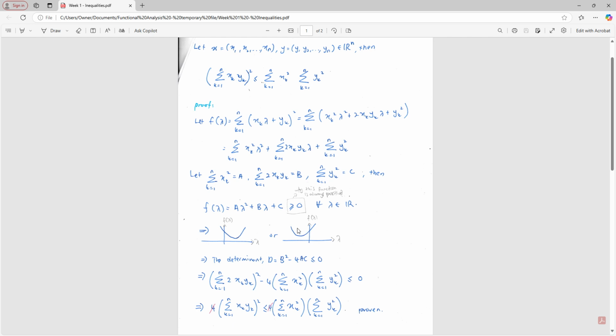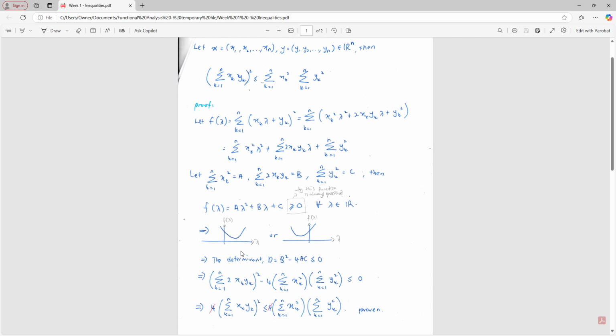Based on our previous lesson, we know that if the graph doesn't touch the x-axis, it means there are no roots, or at most one root. So the only possible case is when the determinant is less than or equal to 0.